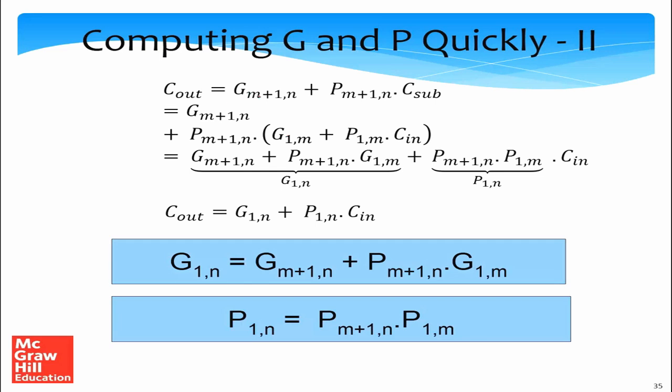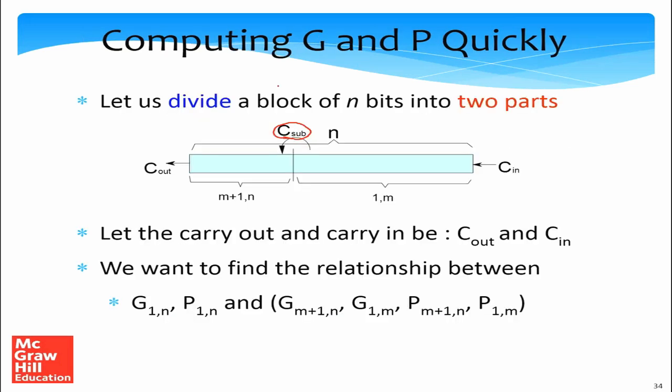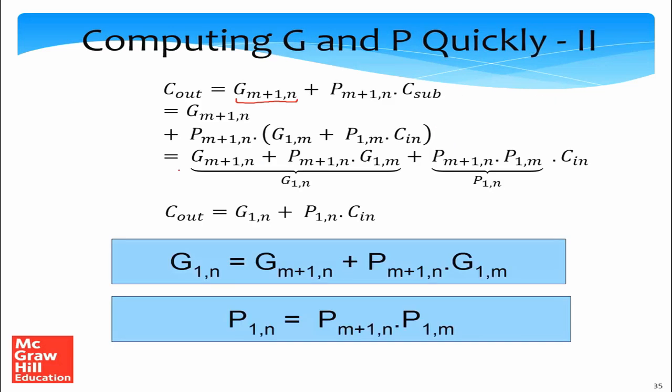So the final carry out, how will we compute it? Either this block of n minus m bits is generating, in that case we'll have a carry out, or it is propagating the carry that has come from its right, which is C sub. That's the only two ways in which we can get carry out.